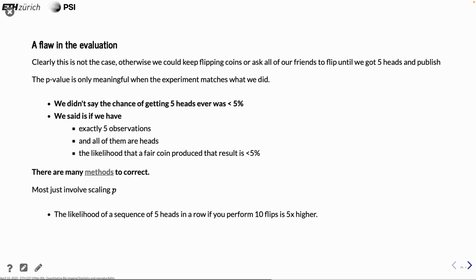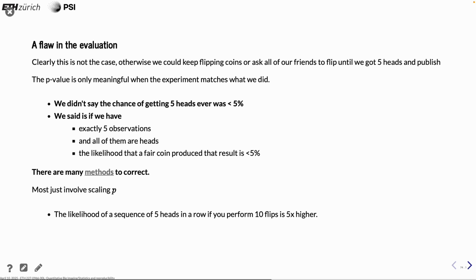The problem was that we didn't say the chance of getting 5 heads was less than 5%. What we said was exactly 5 observations of head, and that all of them are heads, and then the likelihood for a fair coin should produce less than 5%.